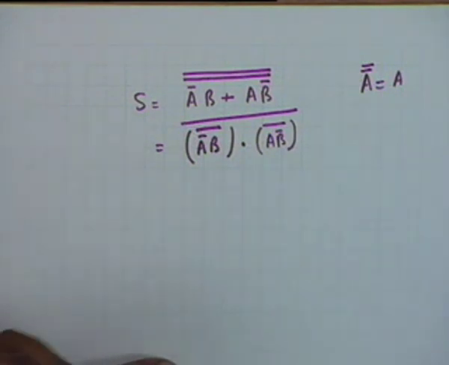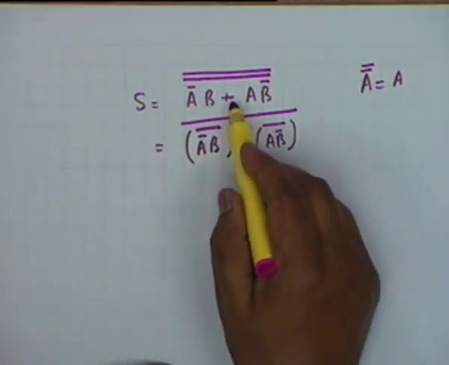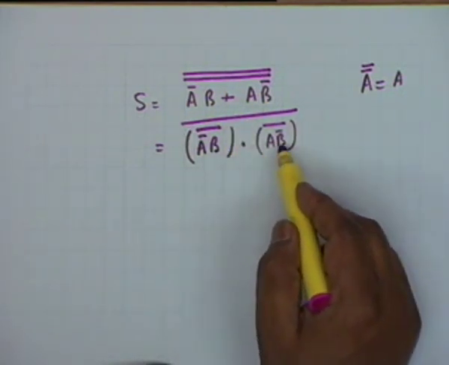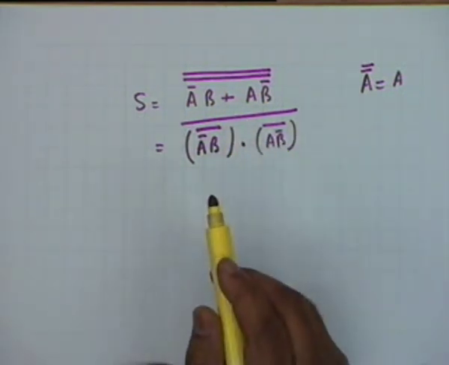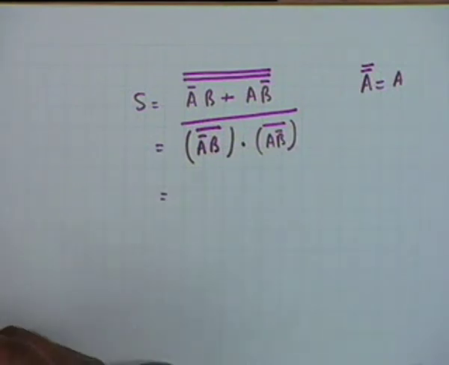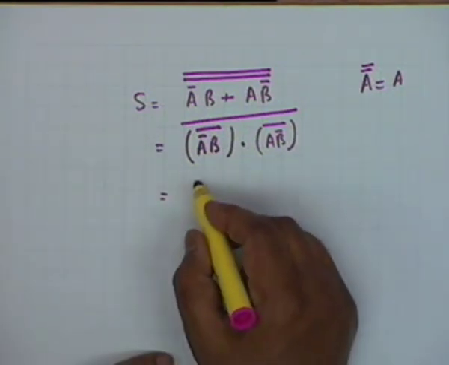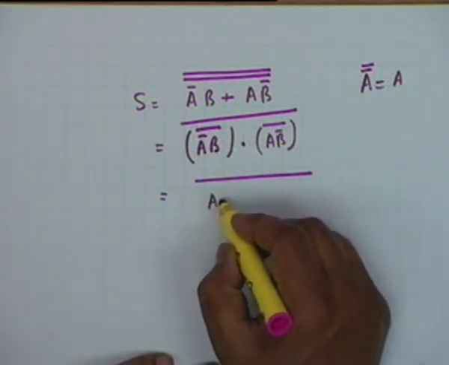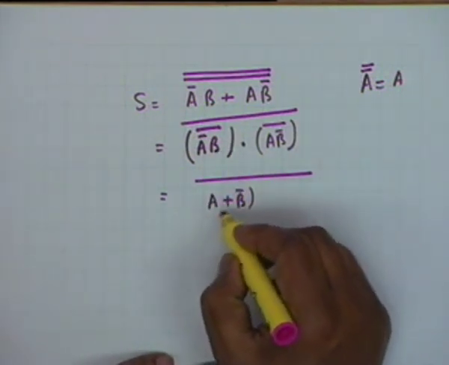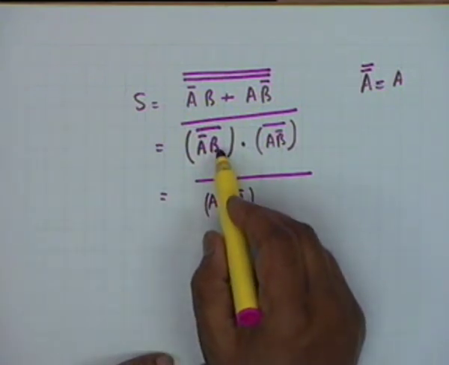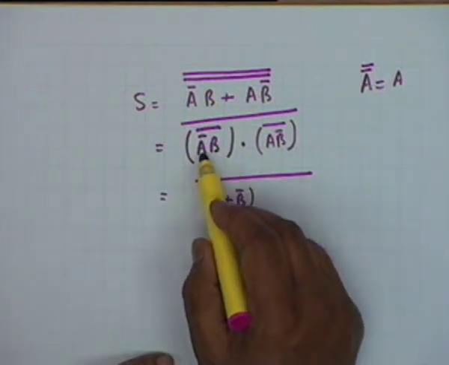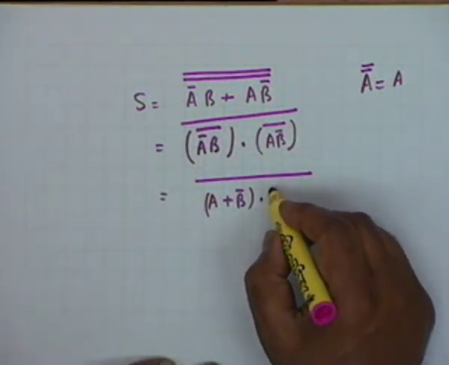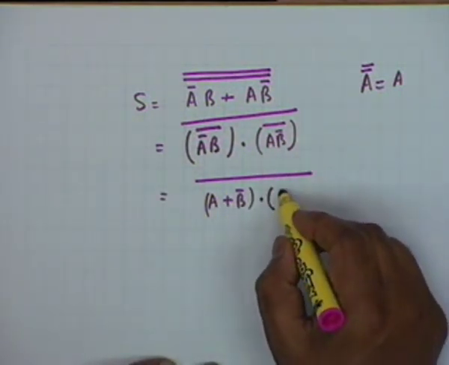All right. A bar B inversion, this OR becomes AND, and A B bar inversion. Is this step clear? Okay. So inversion remains. Now I expand this. I get A or B bar by De Morgan's theorem, and the operation is converted to OR with inversion, and what do I get here?